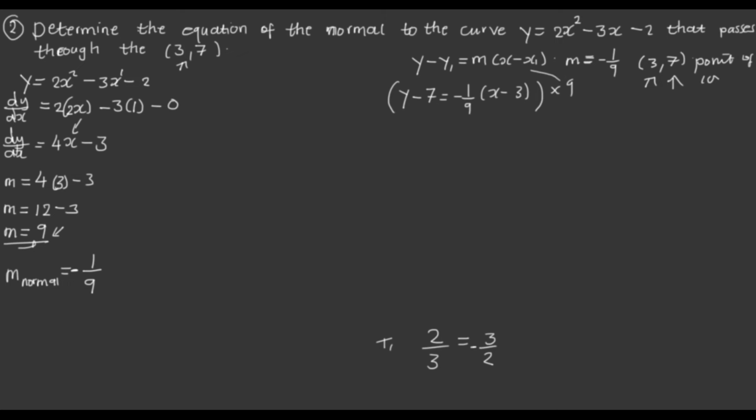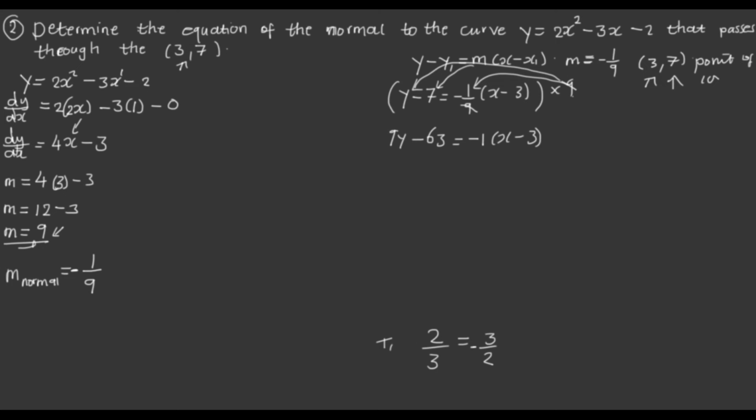So this 9 will multiply with y, it will multiply with this 7, and it will also multiply with the negative 1 over 9. So 9 times y, we get 9y. 9 times 7, we get 63. Then 9 times negative 1 over 9, the 9s cancel, giving us negative 1 times x minus 3.